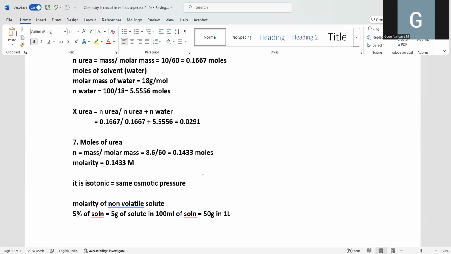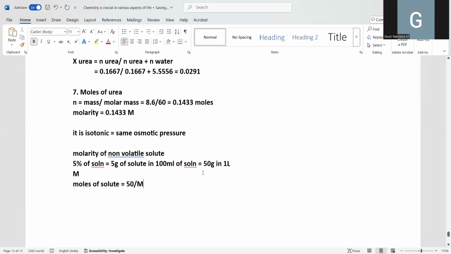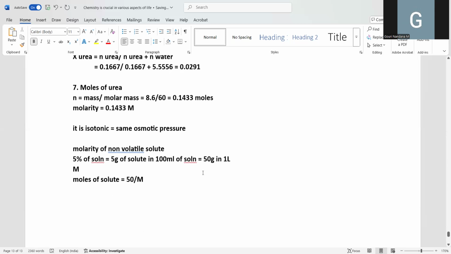So if we take the molar mass to be m, then moles of solute will be 50 by m. We already know the moles of solute, that is 0.1433.